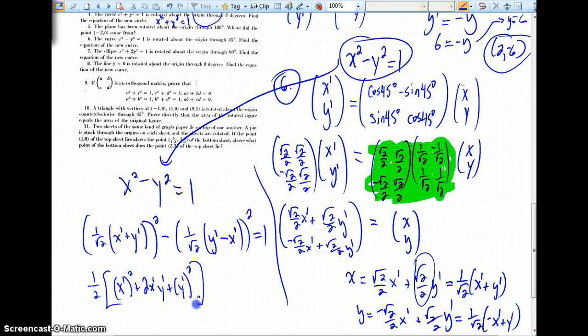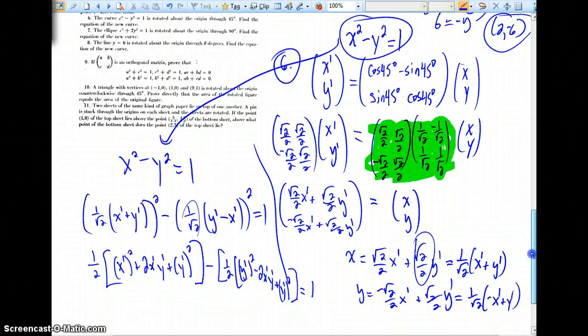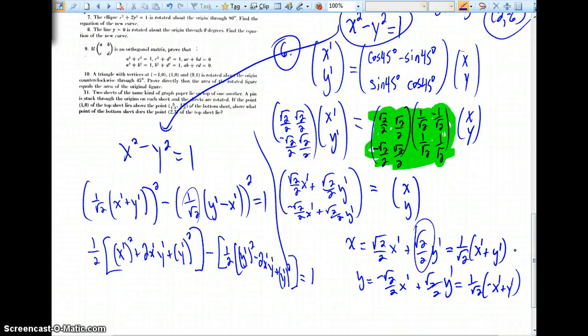Then we're going to say minus, well, right in here, square the 1 over root 2, and we'll have 1 half. But then what? Well, I'll tell you what, we can square all these terms: y prime squared minus 2 x prime y prime plus x prime squared. And that's just going to equal 1. Well, we're getting there. Tell you what, how about we multiply both sides by 2?